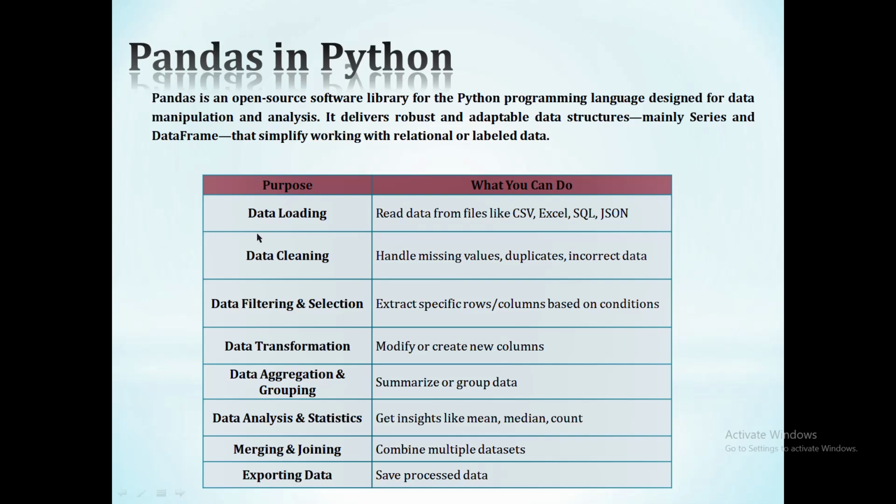Data loading in terms of Python is nothing but reading the data from files like CSV, Excel, SQL, JSON. Then data cleaning refers to handling missing values, duplicates, incorrect data. In terms of filtering, extracting specific rows or columns based on certain conditions. The data can also be modified or new columns created using Pandas.